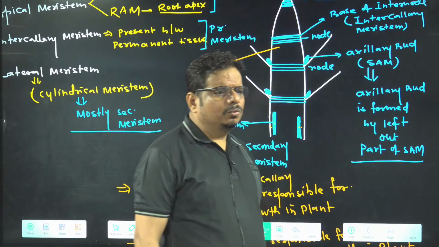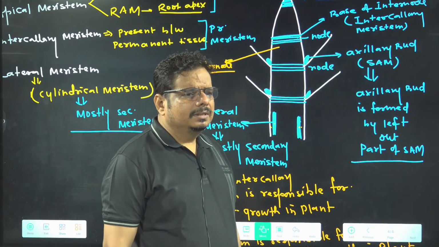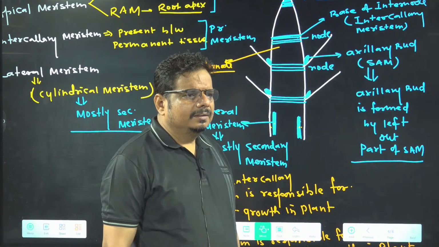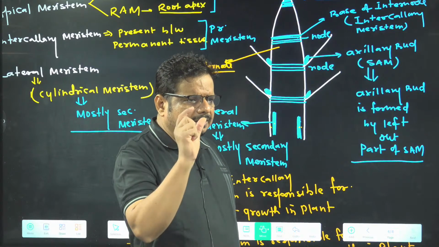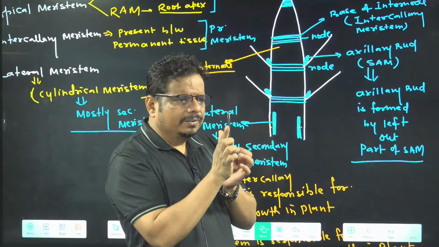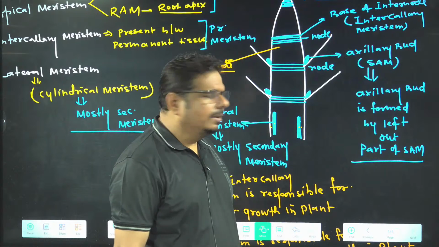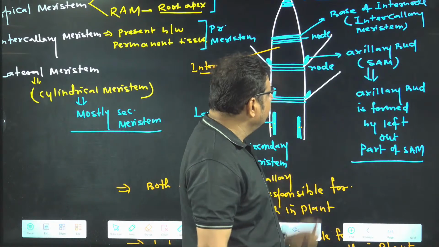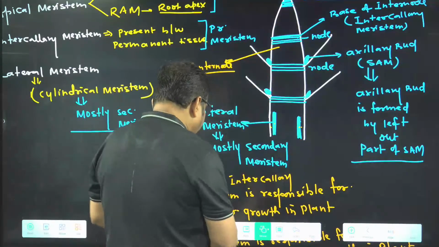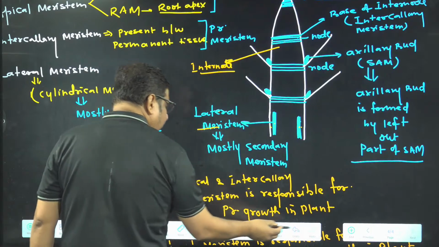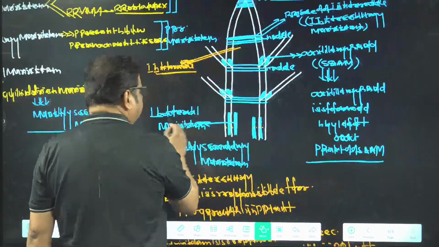What is the axillary bud? I told in morphology also, right? It is present in the axil, the angle between stem or branches and leaf. And this axillary bud is the left out part of which one? Shoot apical meristem. And I also told about the function of the axillary bud in morphology.